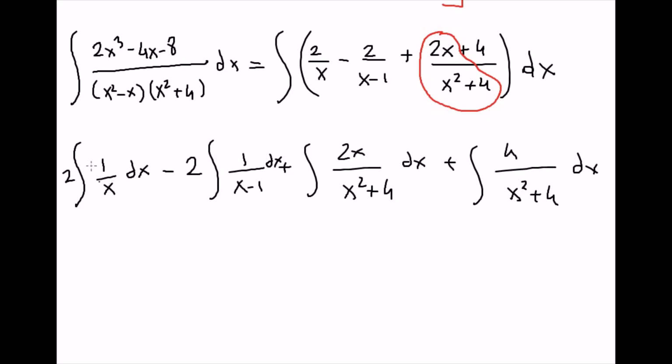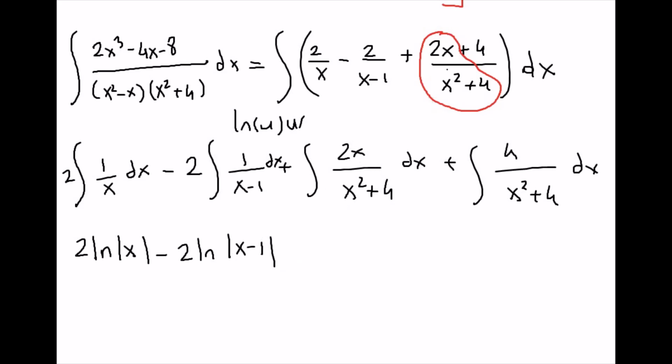Now we know the antiderivative of 1 over x is ln, so this is 2 ln of the absolute value of x, because ln cannot take negative values. Minus, this is again ln because of 1 over x minus 1. If you do u substitution, let u be x minus 1, so it's ln of u times u prime, and the derivative of x minus 1 is 1, so it's going to be negative 2 ln of x minus 1.